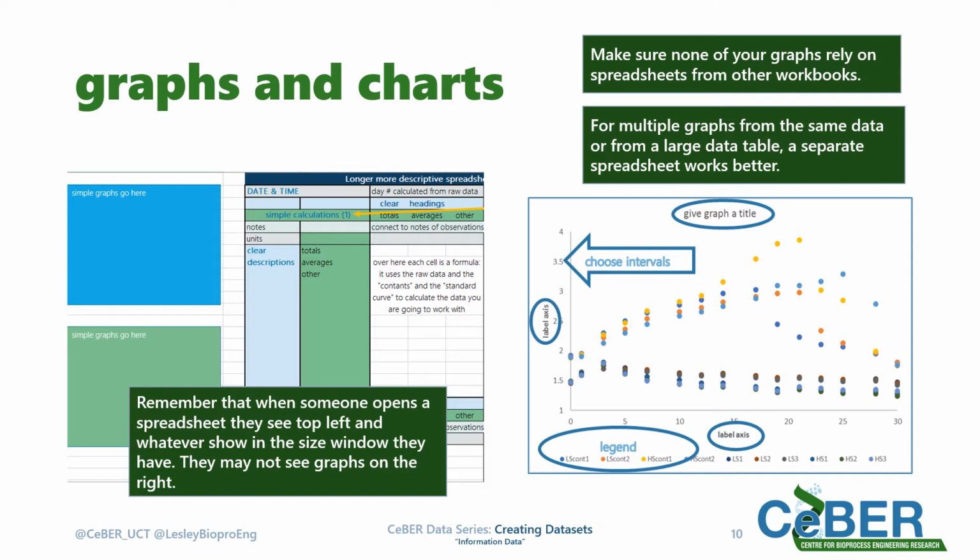But in your workbook, you don't have a caption. So the caption, in effect, is the title. And then make sure you label your axes and choose sensible intervals. And of course, you must have a legend. You must make this graph stand alone, if you like, without the table. People mustn't have to guess what's in it.